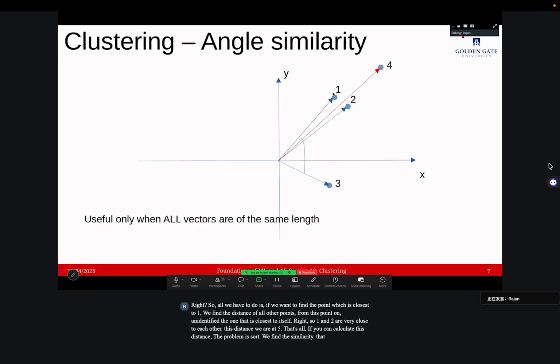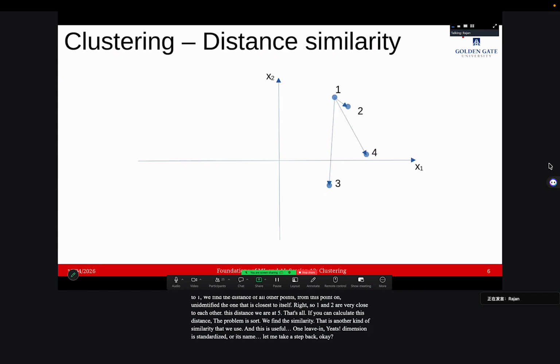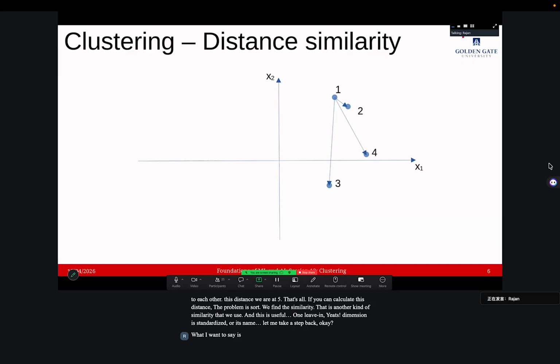There is another kind of similarity that we use, and this is useful only when each dimension is standardized, or let me take a step back. What I want to say is that in this case, I have a two-dimensional plot, right?